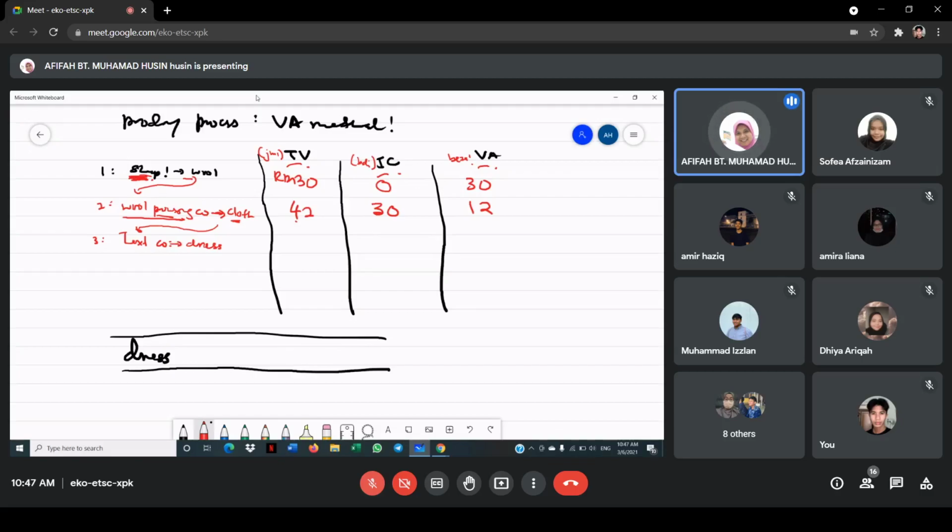So textile company bought the cloth for RM42 and then they make a dress and sell the dress to retailer, retail company atau retail outlets. Okay, so dijual dengan harga berapa? RM55. Boleh tak? So beza value added here is RM13.